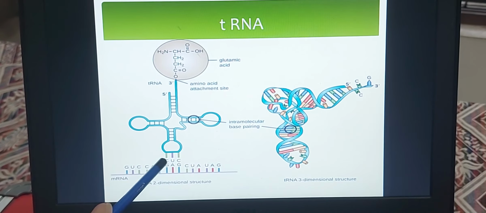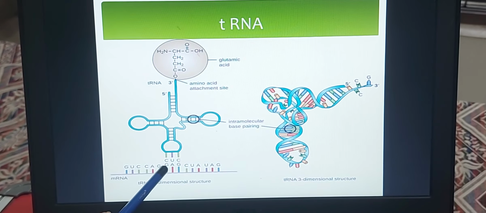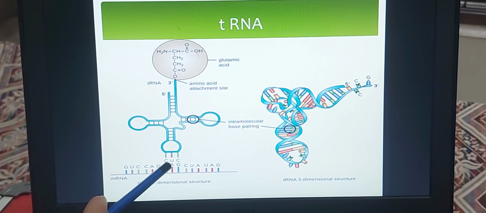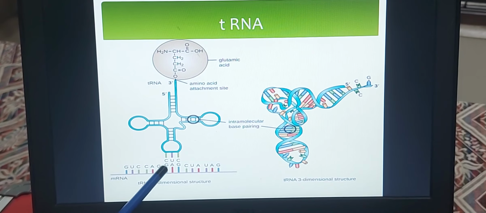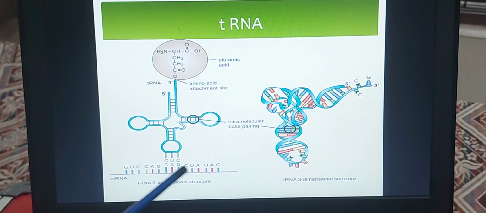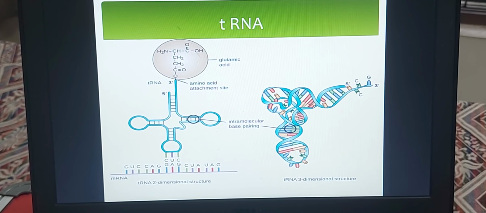Then this is the anticodon site. This anticodon site has the sequence which is complementary to the sequence present on messenger RNA. You can see this is the mRNA strand, the code present on mRNA is GAG, and this is the sequence present on the tRNA, that is CUG, complementary to the GAG present on the mRNA.